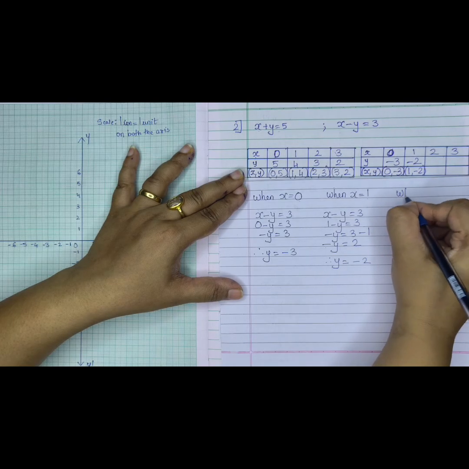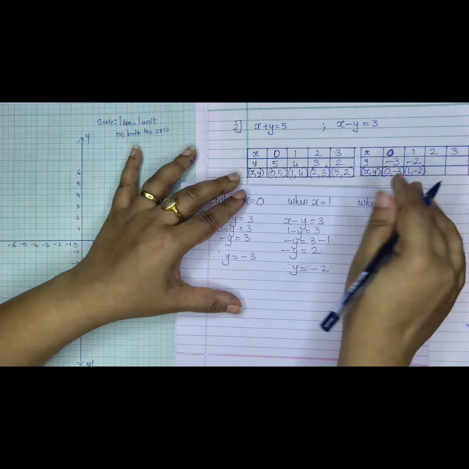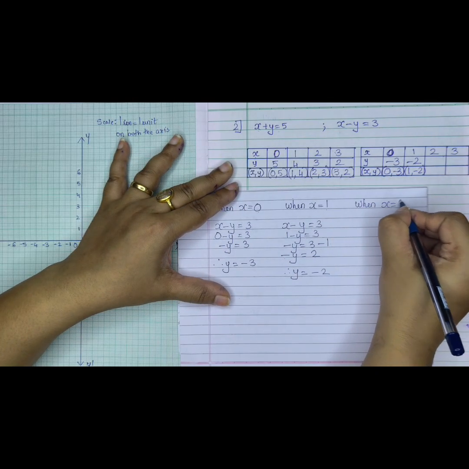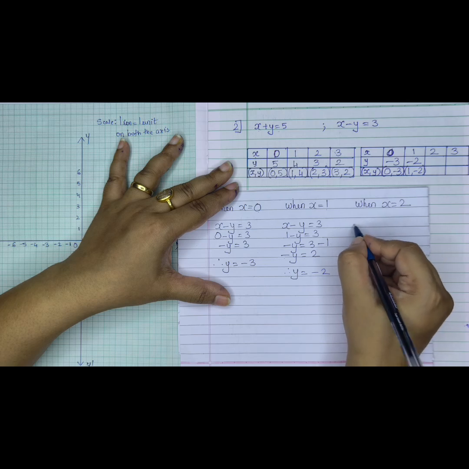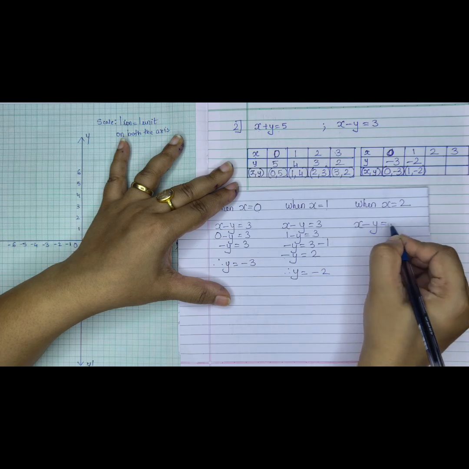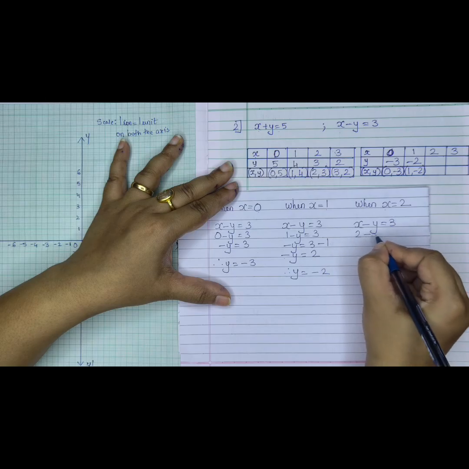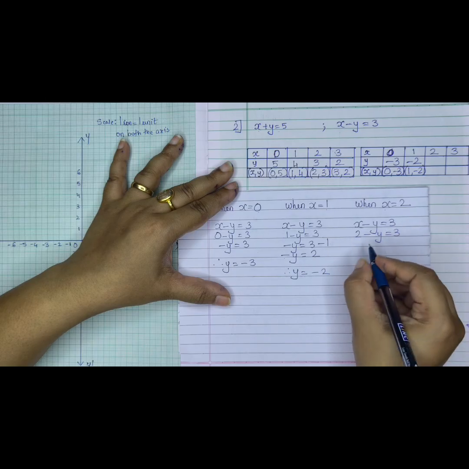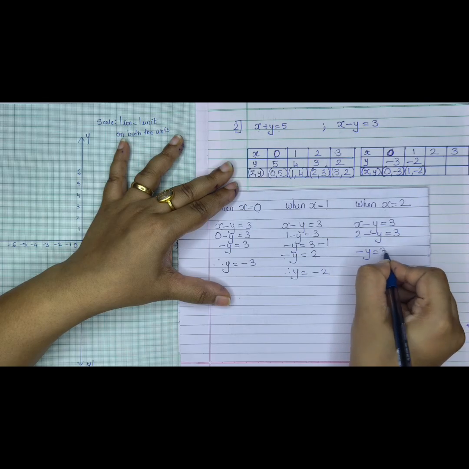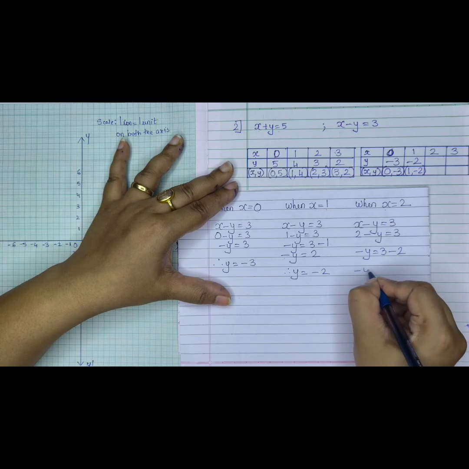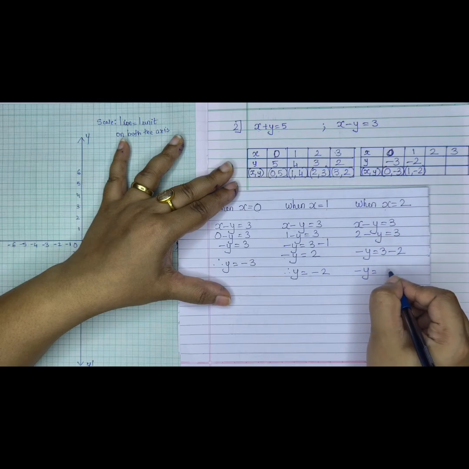Now we take when x is equal to 2. When x is equal to 2, x minus y is equal to 3. X is equal to 2, minus y is equal to 3. Get this 2 here. Now minus y is equal to 3 minus 2, 1.